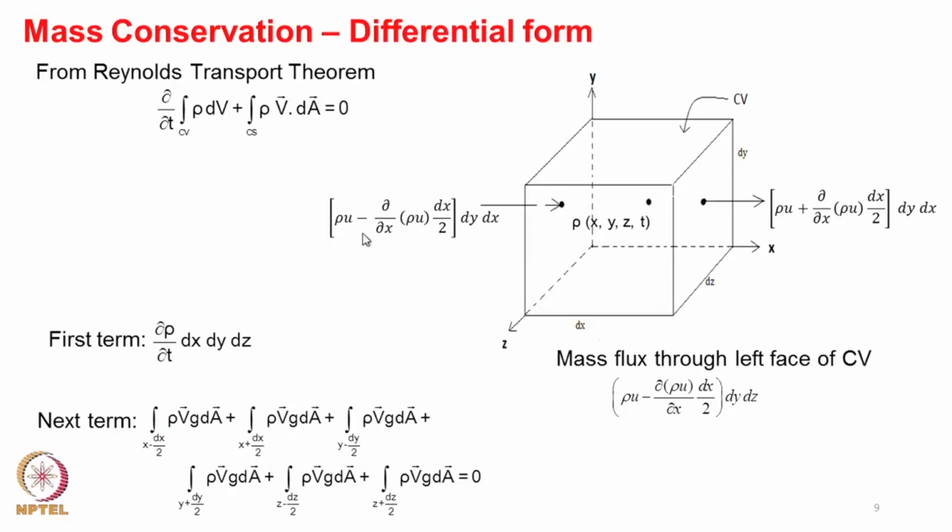You go to the left-hand side, and this will give you the flux that is entering, and this will give the flux that is leaving. So, you can say mass flux through the left face of CV and mass flux through the right face of CV. You get a term defined like this for each face and put them in this equation, and finally in all terms you have dy, dz and dx, which is actually the volume.